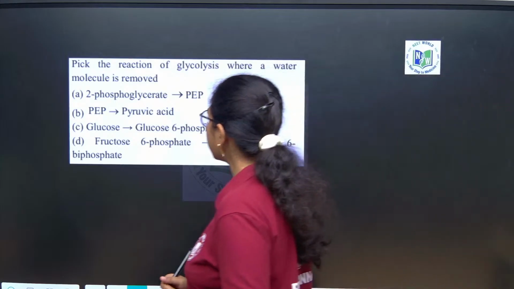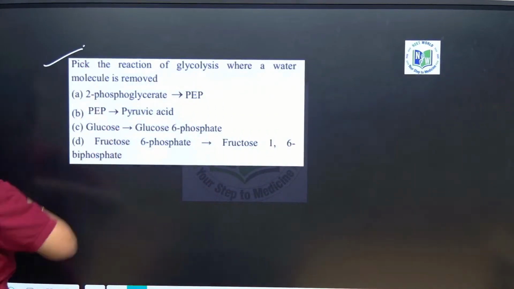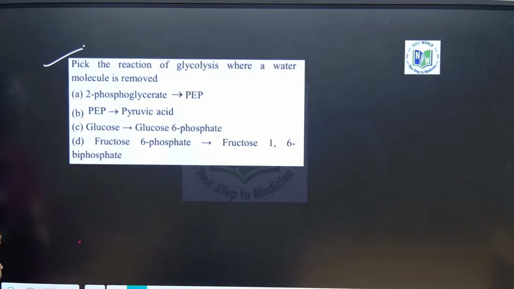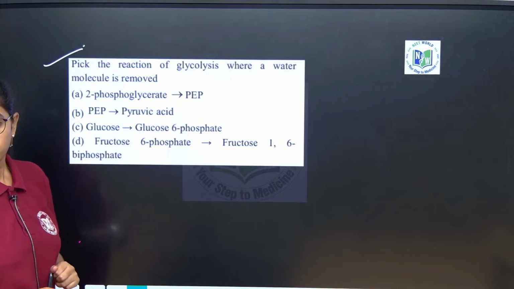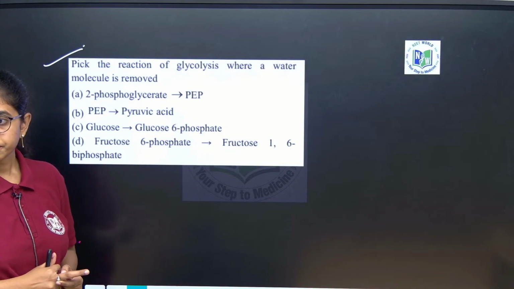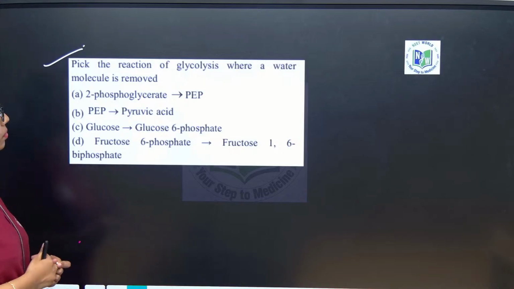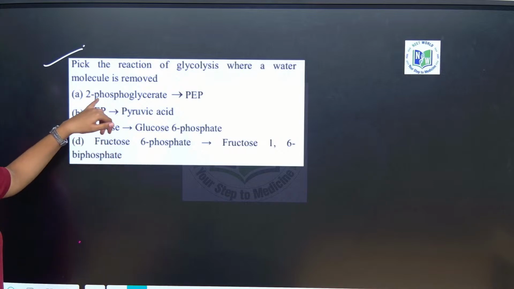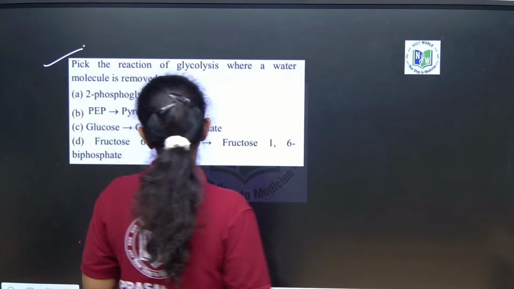Reaction of glycolysis where a water molecule is removed. Hint: last but second step of glycolysis. Where does the dehydration happen? 2-phosphoglycerate to phosphoenol pyruvate.